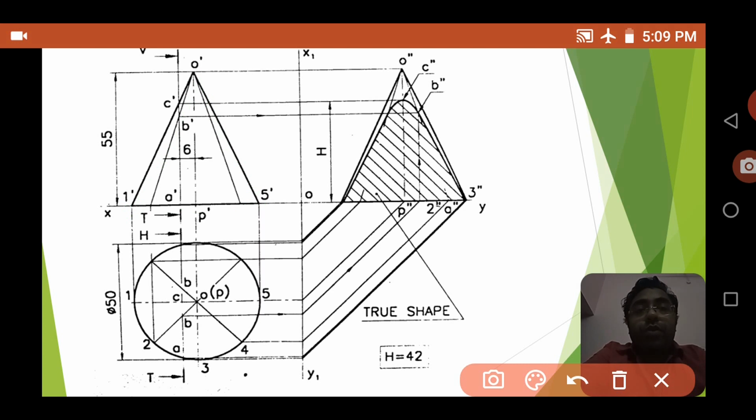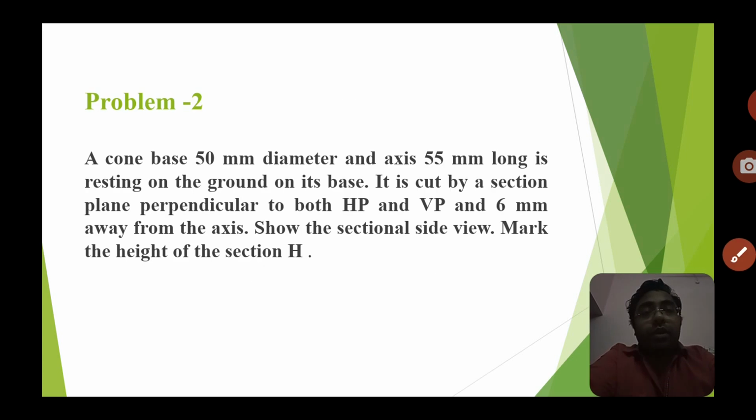Now what we are going to do is, it is said that it is 10 mm in front of this one. Okay, so here in the question you can see that, sorry, not 10 mm, it's 6 mm away from the axis.